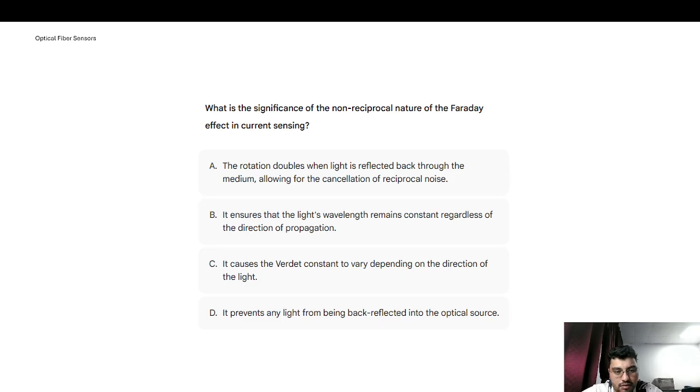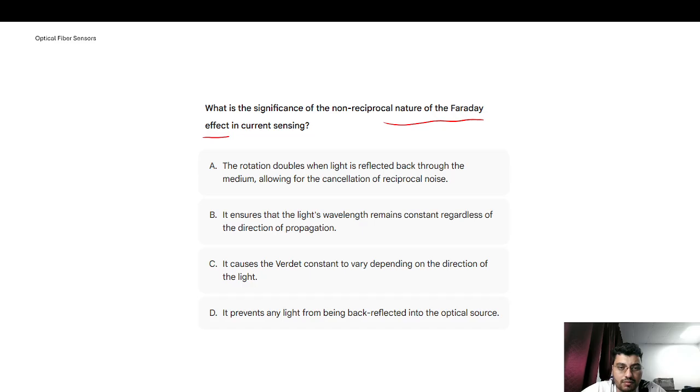Option C, causes the Verdet constant to vary depending on the direction of light. No, it is not causing the Verdet constant to vary depending on the direction of light. We discussed that the Verdet constant only depends on the material, TGG or silica.